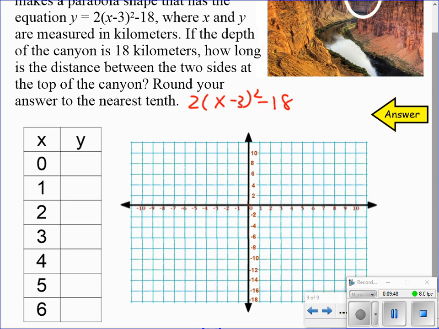If I put in 0, this is going to give me 0 minus 3, so that's negative 3. Negative 3 squared is 9, times 2 is 18. 18 minus 18 is 0, so I have a point at 0, 0.